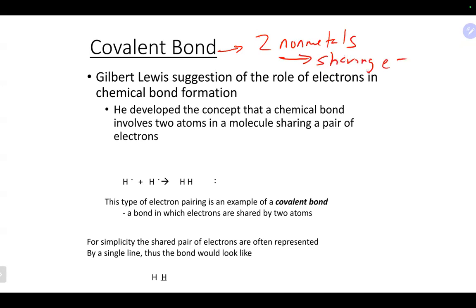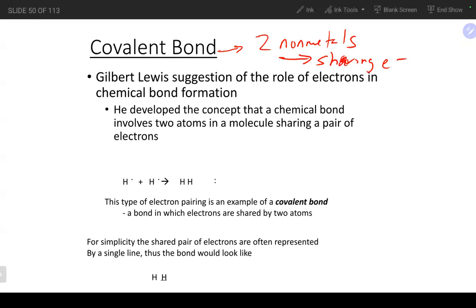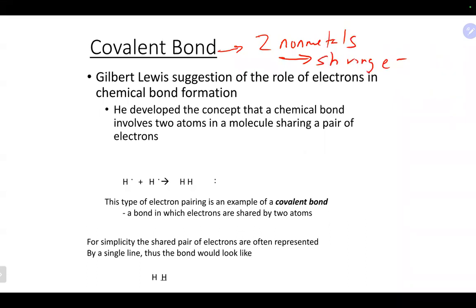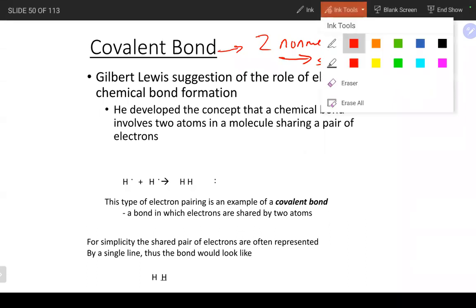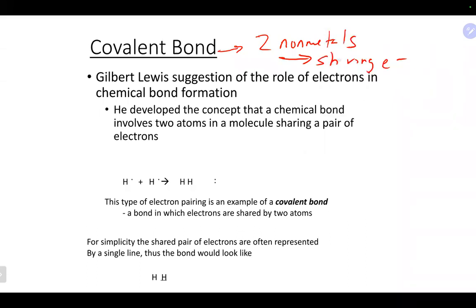That sharing of electrons may be equal or it may be unequal sharing, but definitely when you have some type of covalent bond, there is some aspect of sharing of electrons happening here. And we'll talk about how we can determine, is it equal sharing or unequal sharing, as we go through it.